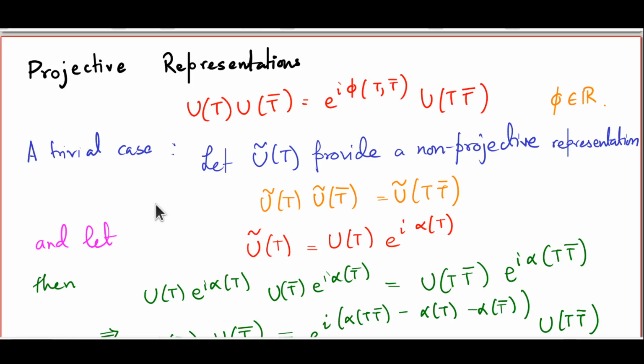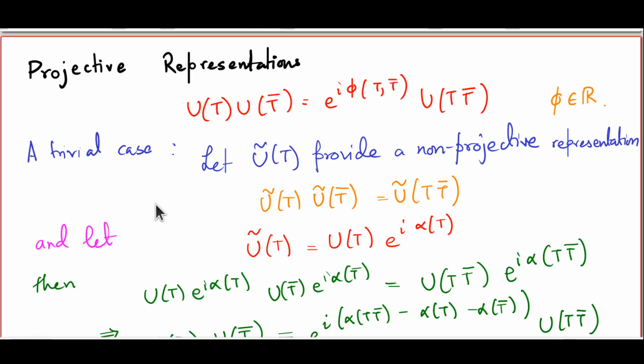In particular, if you carry out two successive symmetry operations, T bar first and then T, you are actually applying the unitary operators U T bar and then U T, of course, that's the product, on a given Hilbert space vector.